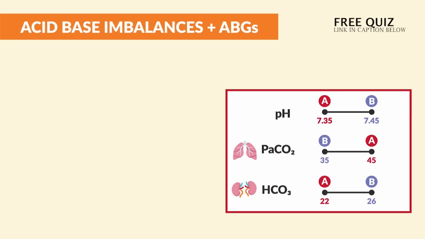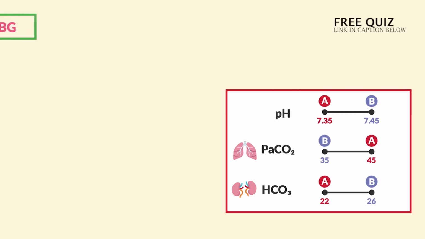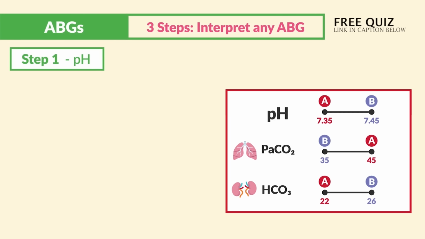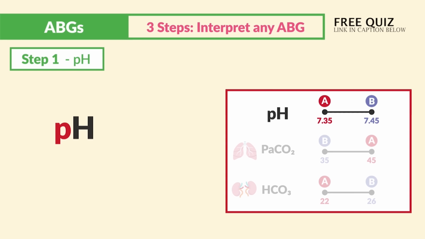Okay, now after this chart is set up, then we can use the 3 steps to interpret any ABG for acid-base imbalances. So step number 1, the pH. This is our key here. Always look at pH first. Remember, pH is primary. We must look here first.